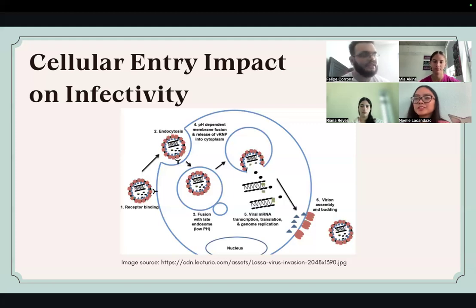And then once they enter the cell, the highly acidic environment will begin to change the conformation of these proteins, leading to binding to the lysosome-associated membrane protein 1, otherwise known as the LAMP1 protein, which then leads to fusion with the endosome and release of the viral RNA.